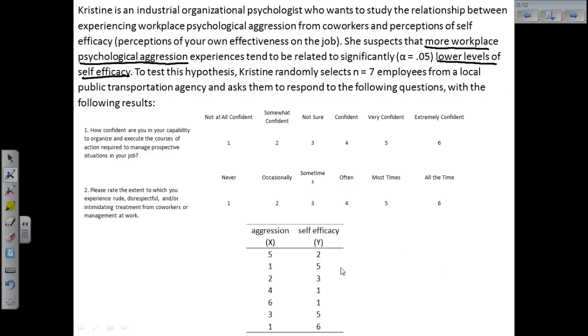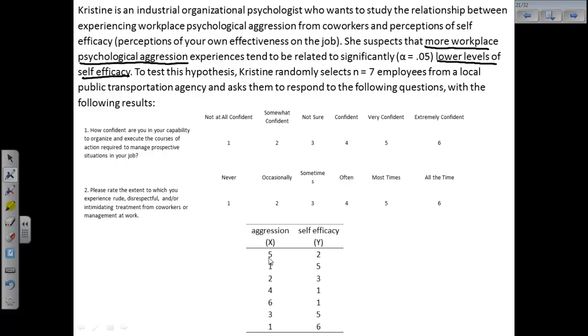And I just put this here to give you some context of how one of these things may be measured. Keep in mind, though, that in survey studies, we usually include multiple items to measure the same construct, but just to keep it simple, I only put one item for self-efficacy and then one item that could be used in a survey to measure workplace psychological aggression. And then here's our data.